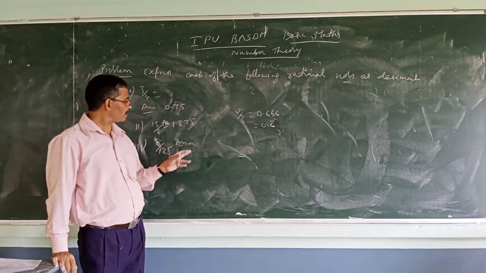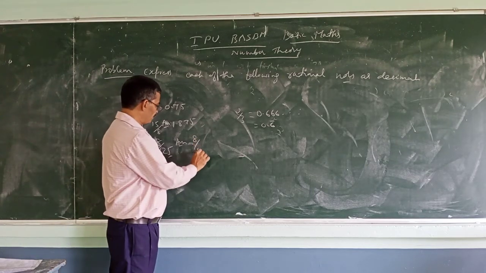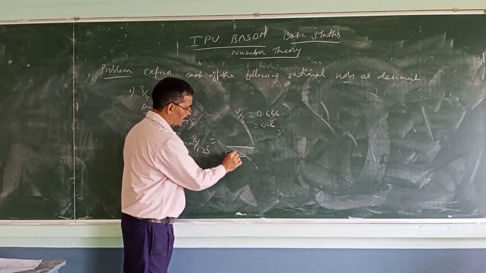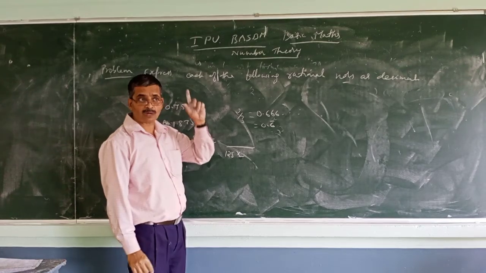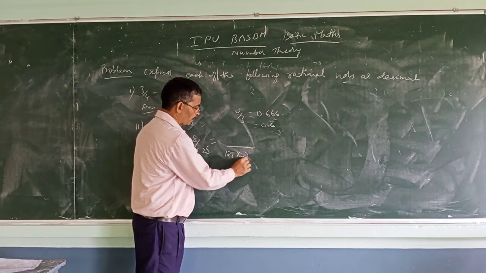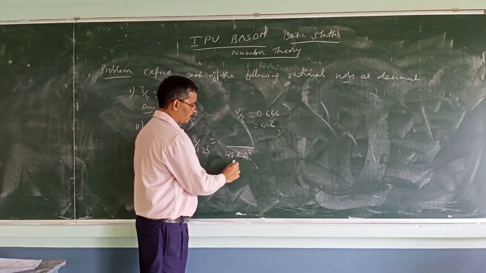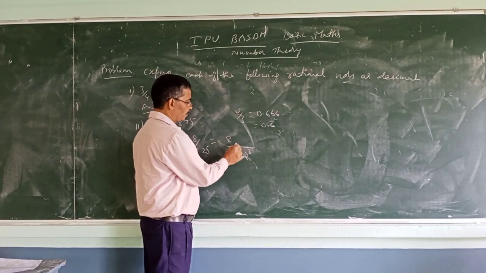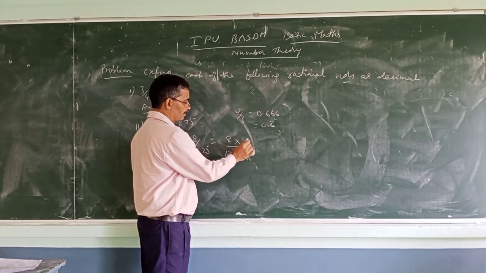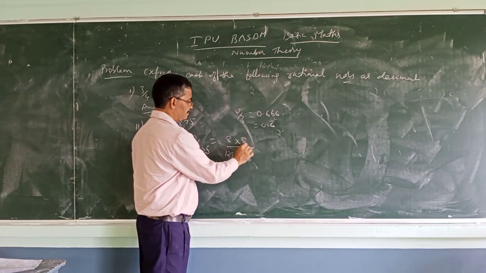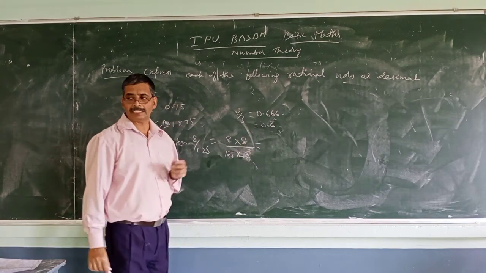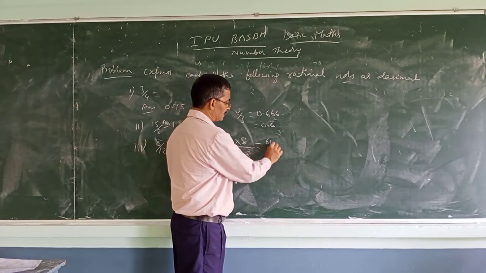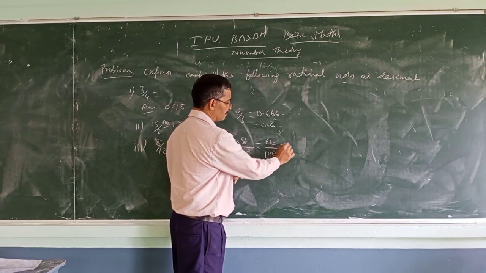How? 8 by 125 equals, in the denominator, 125 into 8 is 1000. So here you also multiply by 8, or 2 cube, in the numerator. 125 into 8 is 1000, and 8 into 8 is 64. So we will get 64 by 1000.